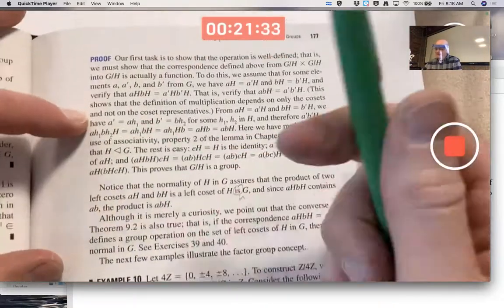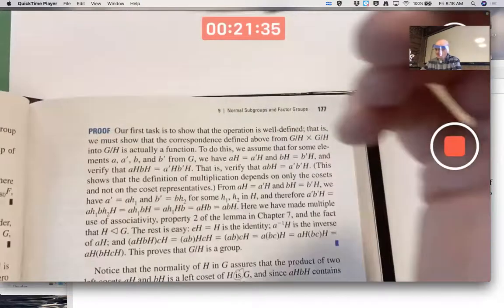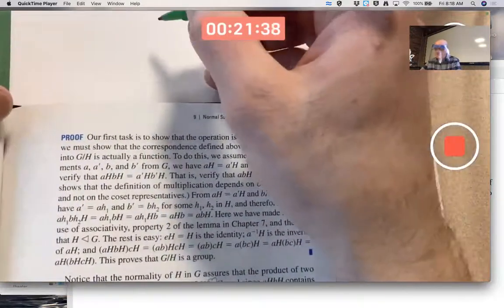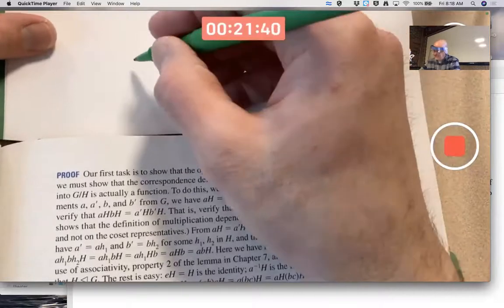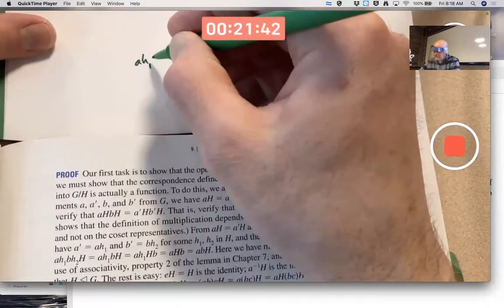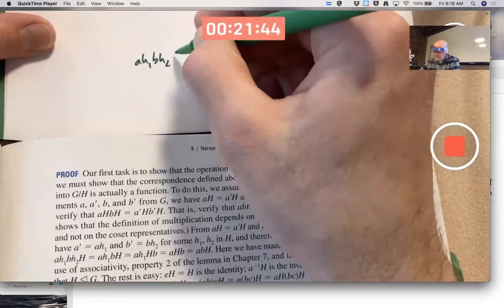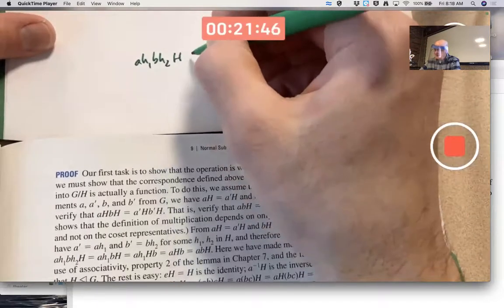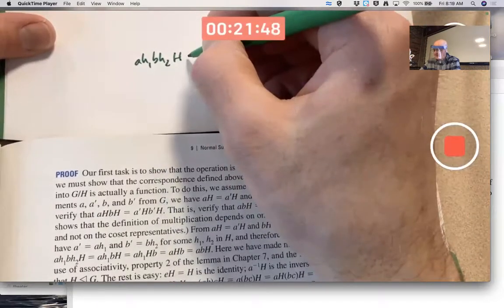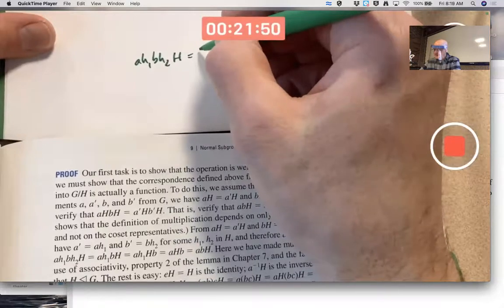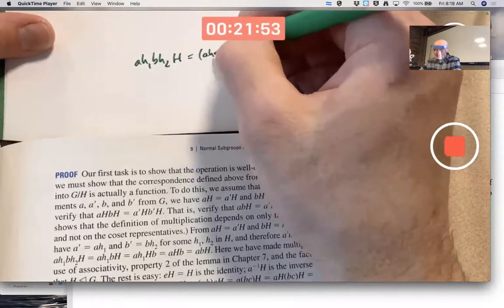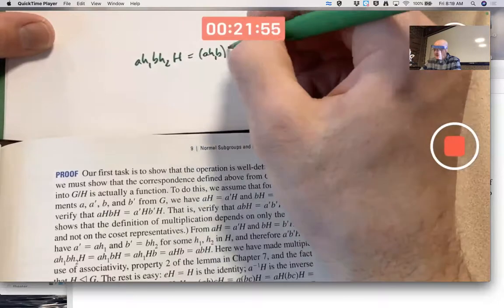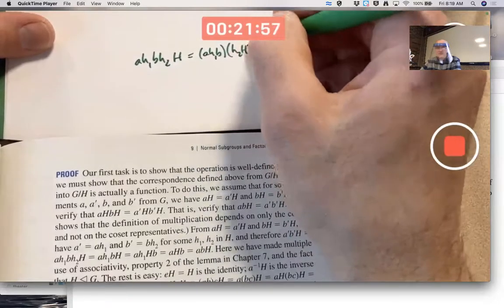Technically, you might say you're using the associative property too there. You're sort of thinking of AH1, BH2, H as being the same as AH1B, H2H with the parentheses like that, say.